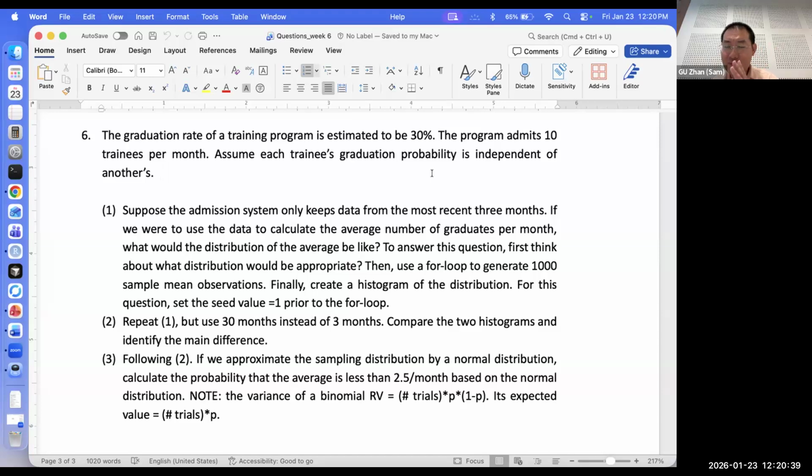It will be around 3, sometimes 0, sometimes 1, 2, 3, 4, 5, 6. The maximum is 10, so there is a chance to get 10 out of 10 passing, but the expected number of graduates per month is 0.3 times 10, which is 3. So if you sample 3 months, you will get 3 values, around 3.